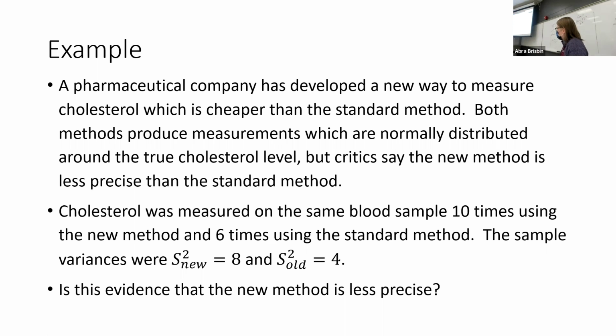Suppose that cholesterol was measured on the same blood sample 10 times using the new method and 6 times using the standard method. And the sample variances were S squared equal to 8 for the new method and S squared equal to 4 for the old method. And we want to know, is this evidence that the new method is less precise? Take a moment to think about this situation and think about how the F distribution might help us with it.